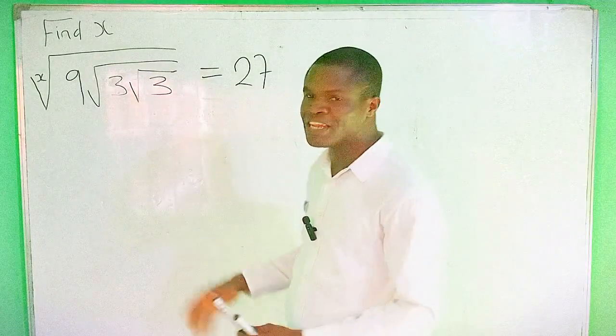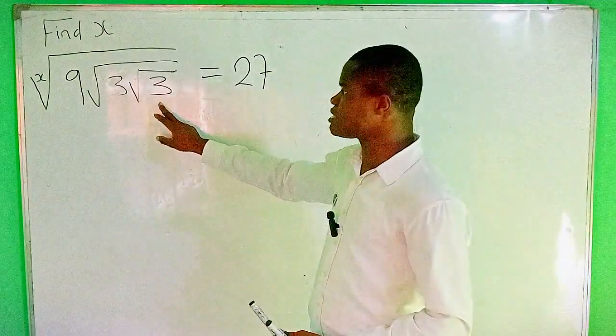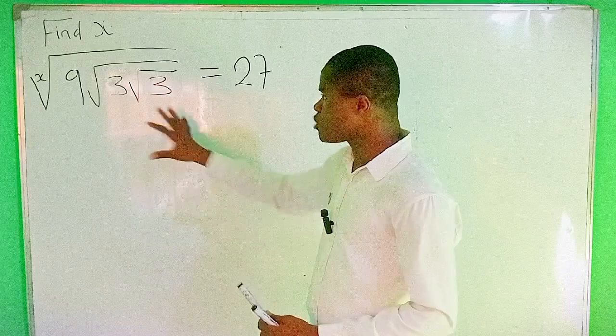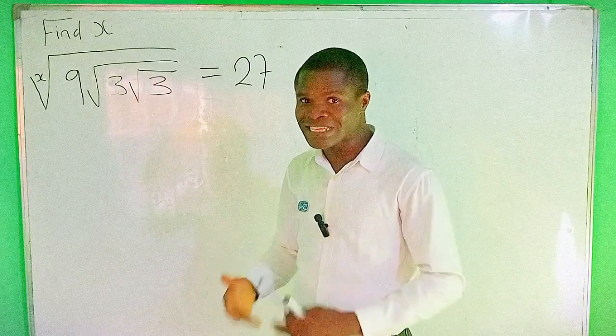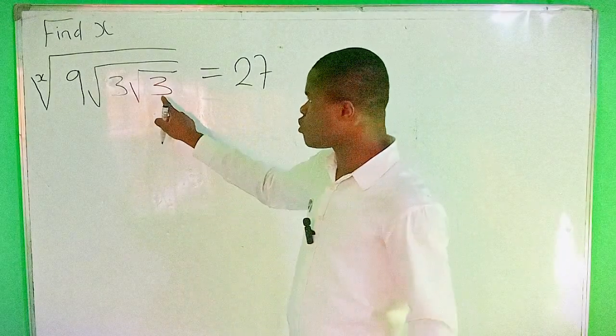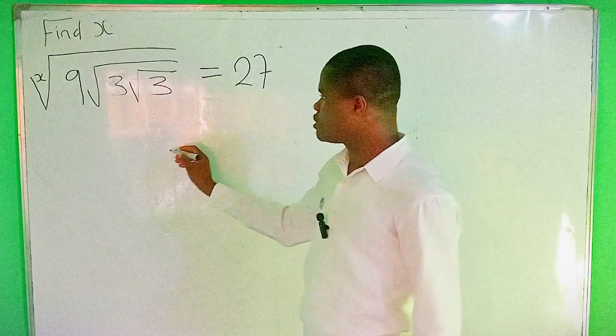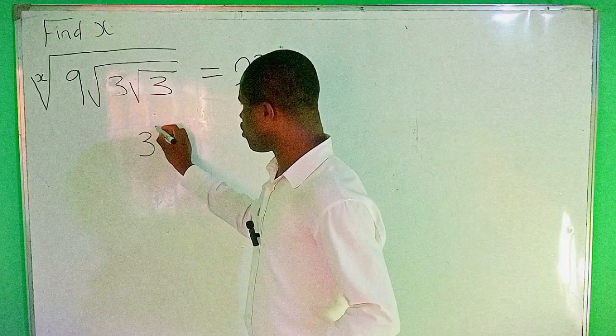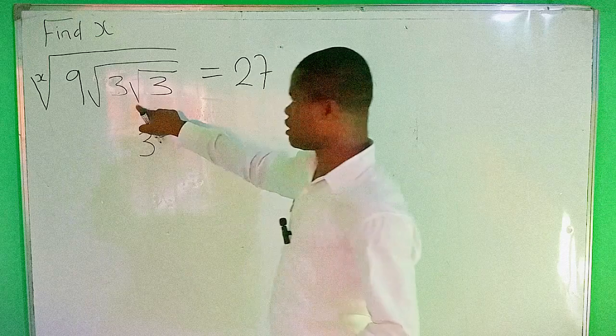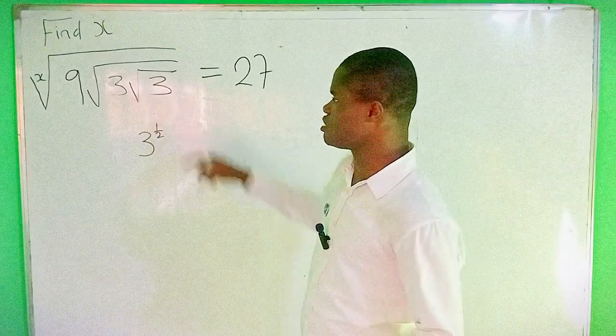To solve an equation like this, you can start from the innermost root. I'm going to express this equation in the index form. Starting from this innermost root, 3 all raised to power 1 over 2. I've taken care of the square root of this 3.